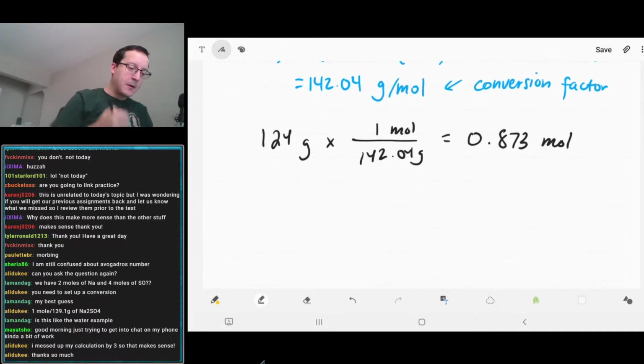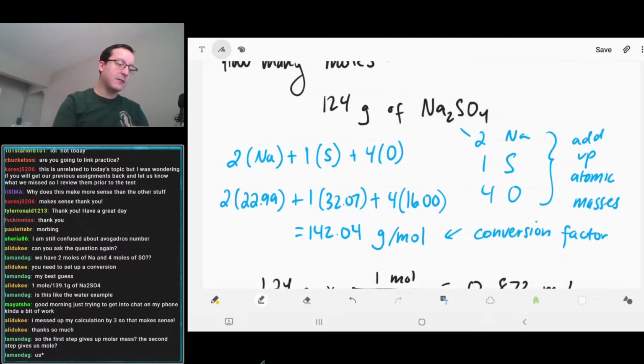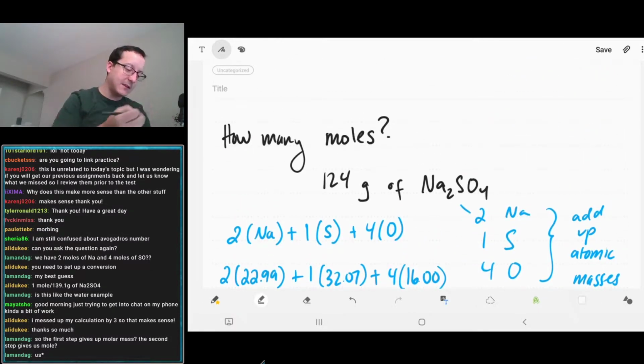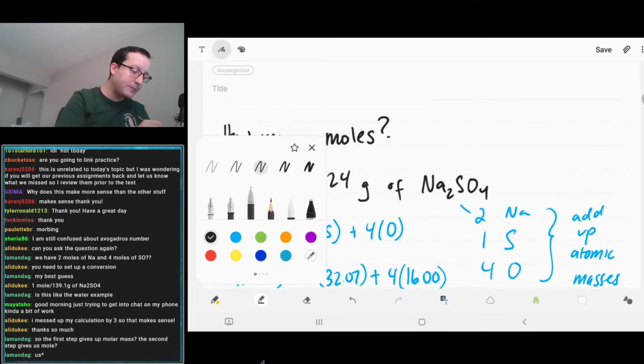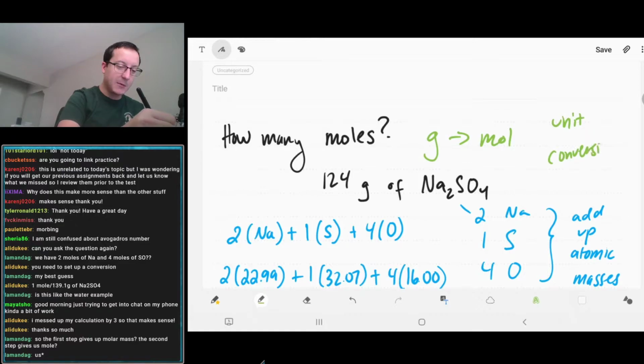Alrighty, so there is a point to doing all of this stuff, right? This is just a unit conversion. We're going from grams to moles. And for any unit conversion in chemistry, you need the conversion factor.